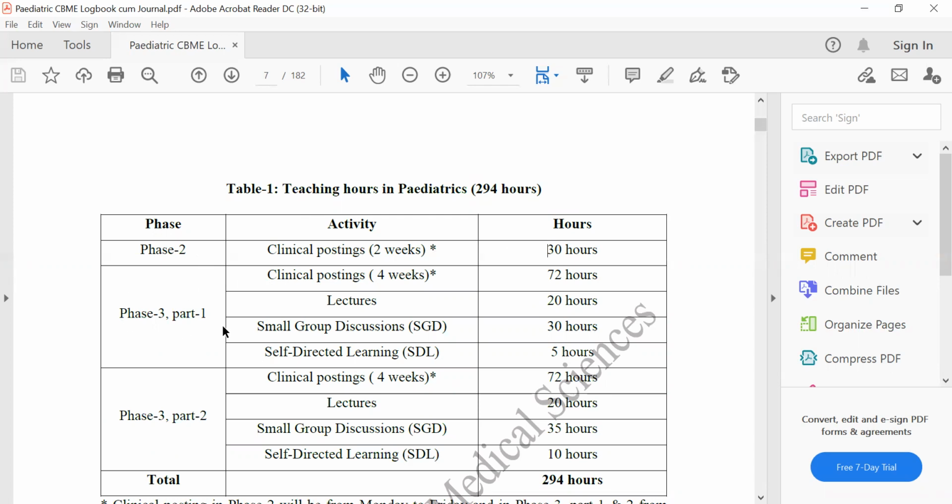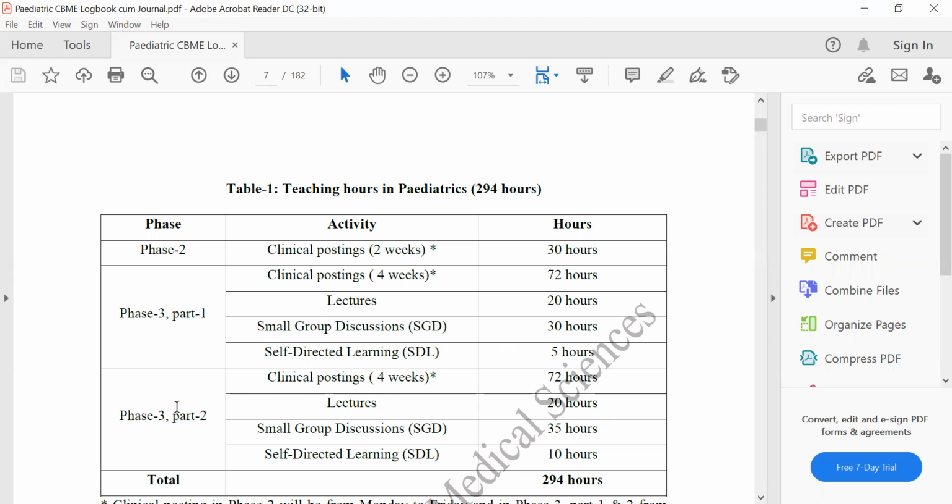In phase 3 part 1, there will be 4 weeks of clinical posting, and the student will come 6 days in a week. So the student will be in clinical posting for a total of 72 hours in phase 3 part 1. For lectures, 20 hours are allotted, for small group discussion 30 hours, and for self-directed learning 5 hours in phase 3 part 1.